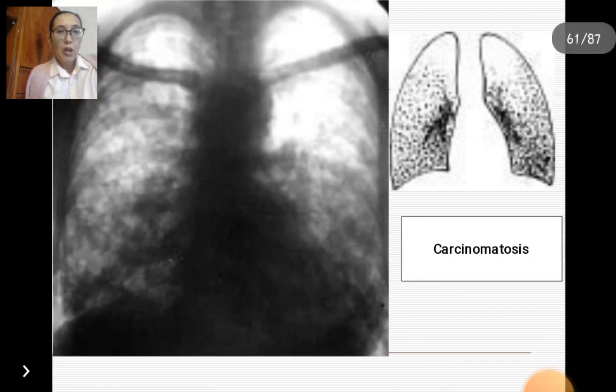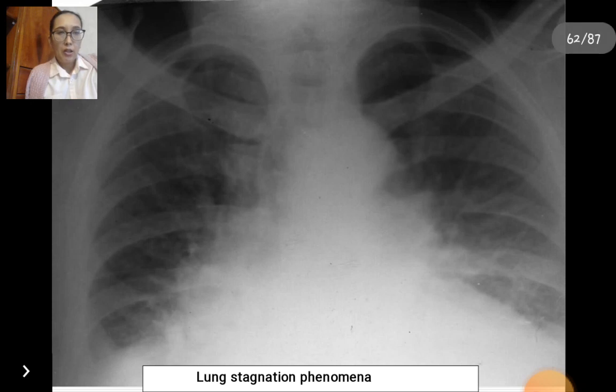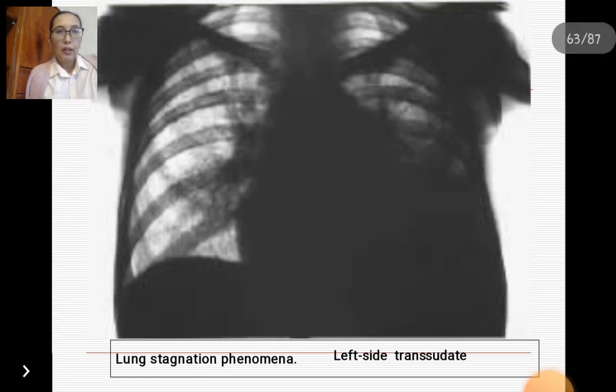How does it look? It is carcinomatosis. Pay attention that the needle-like shadows are localized in the low part of the lungs, whereas in disseminated tuberculosis our shadows are always localized in the upper and medium parts of the lungs. Lung stagnation phenomena: the upper lobes are also clear. This is transudate and stagnation phenomena in the lungs.